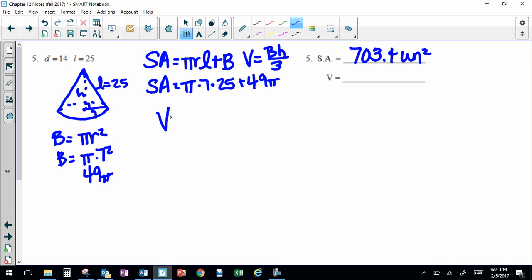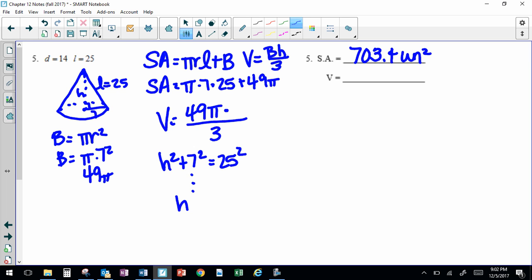Then for the volume, you plug in your 49 pi, which is capital B, times your height, which we don't know yet, and then we'll divide by 3. So to get the height, that's when you do your right triangle stuff. And this is actually a triple, but if you didn't know this one, you would have to do Pythagorean theorem. So h squared plus 7 squared equals 25 squared.